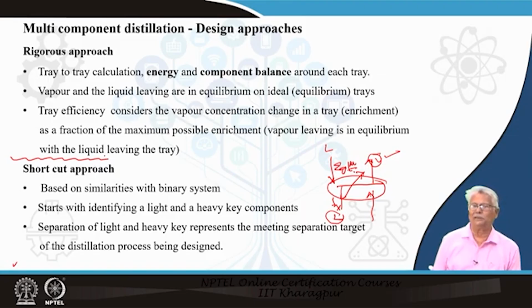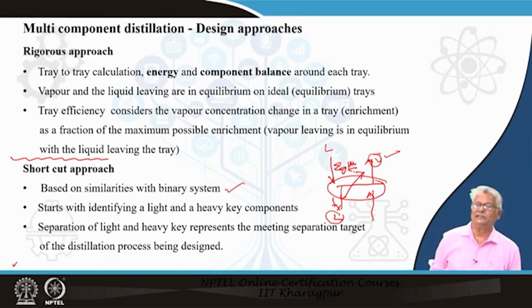Obviously, such methods are based on similarities with the binary system. That means, in a binary system, we know there are two components which are to be separated. So, the first step in the shortcut approach is to identify two components in this system. The separation between these two attains the goal of the separation of the multi-component system.